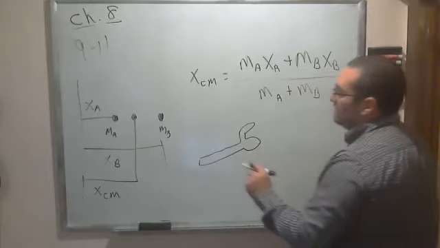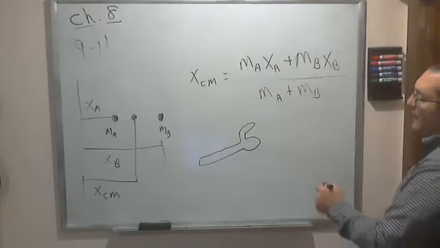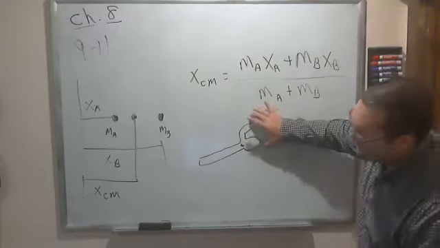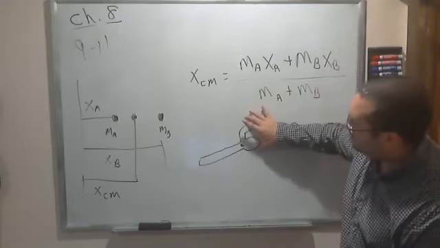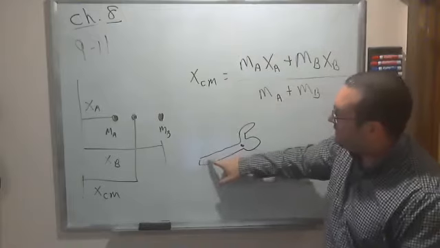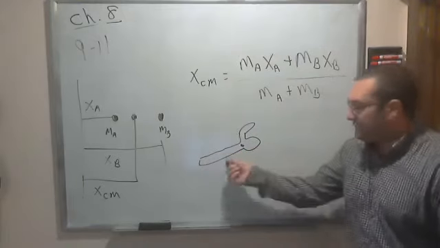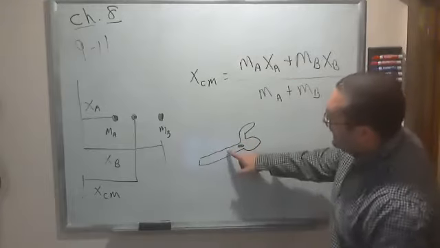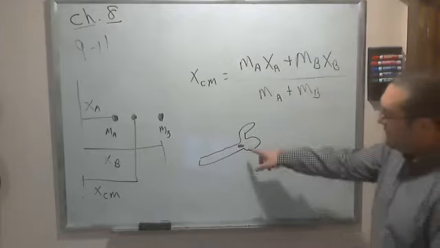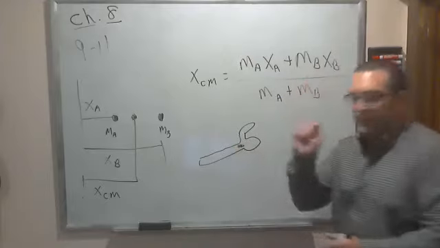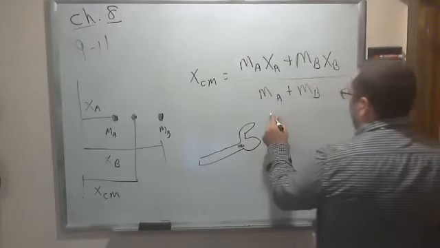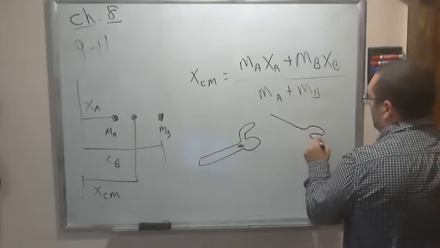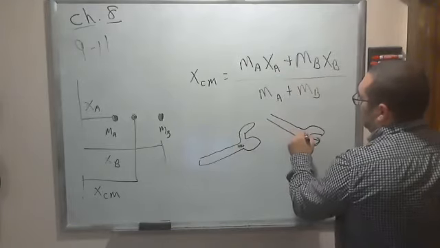And generally, it will rotate about its center of mass. For this wrench, because the head is so much more massive than the length of the handle, the center of mass would be somewhere over here. It's hard to find a center, but it would be somewhere over here. And when I throw it, it will spin about that center of mass.